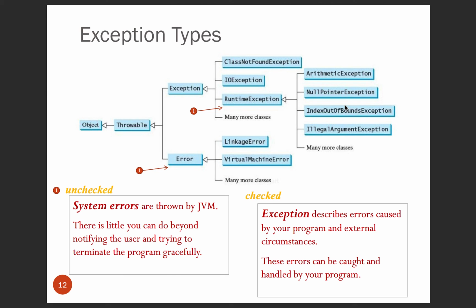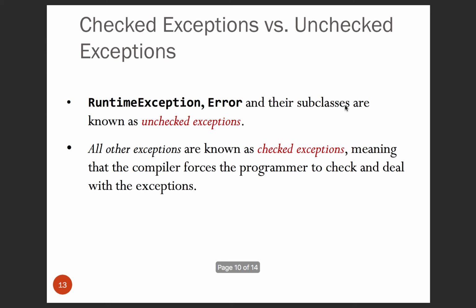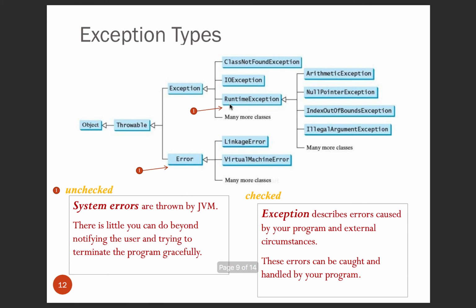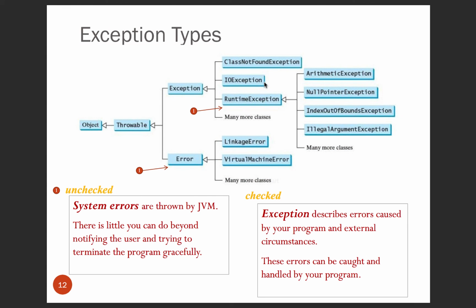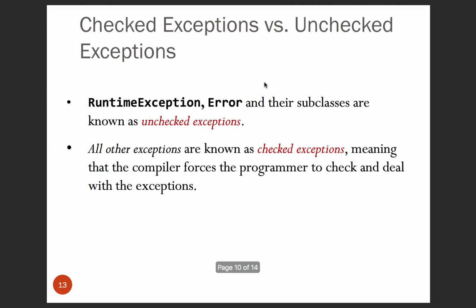So if you make mistakes, it will give errors during runtime. However, some are checked exceptions; for example, IOException is a checked exception. If you write any code and the compiler thinks that it needs some IOException mechanisms, then it will force you to write some code to do some protections. And these are the checked type exceptions.